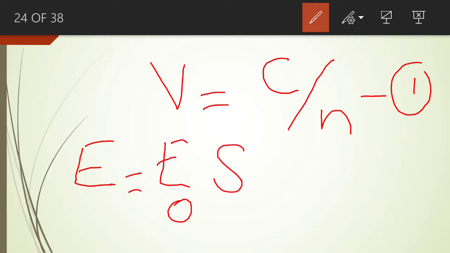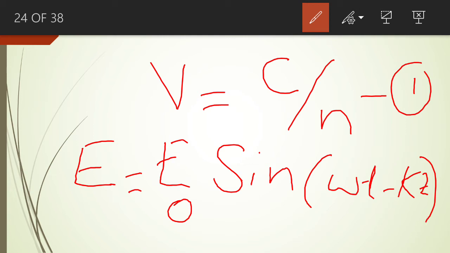So we don't consider the direction of the electric field intensity, we just consider the magnitude. So the electric field intensity will be equal to E naught into sine of omega t minus k z. This is the magnitude of the electric field intensity in a lossless dielectric medium, where E naught is the amplitude of the electric field intensity in a lossless dielectric medium.